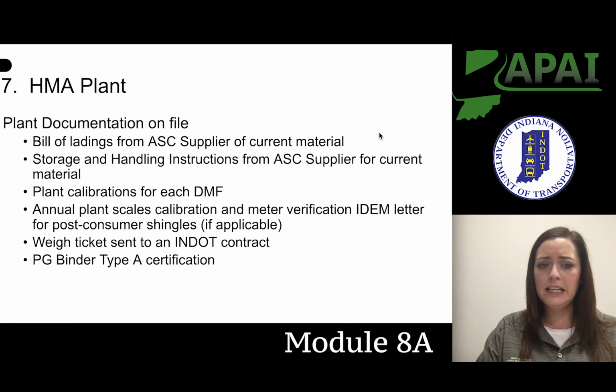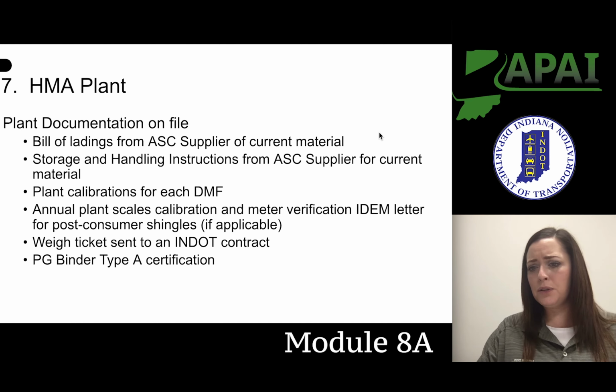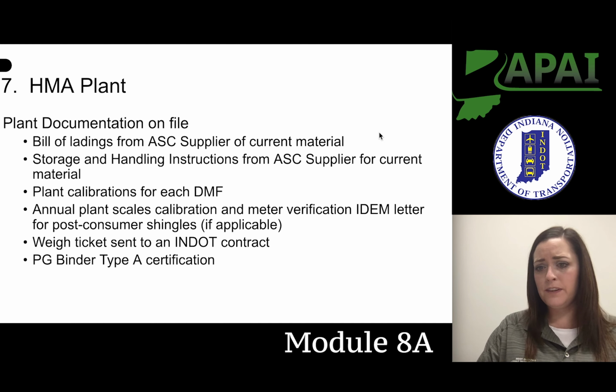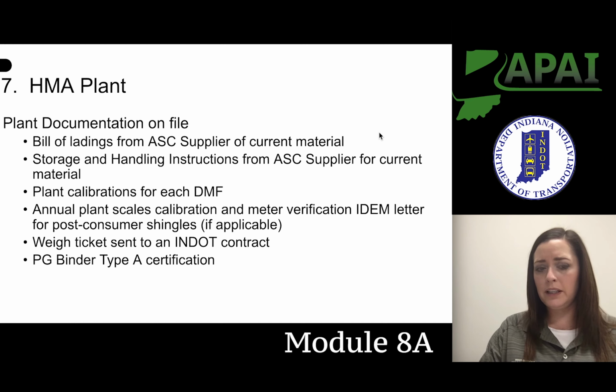Also, a weigh ticket that was sent to an NDOT contract needs to be available. This can get a little tricky in terms of if there's e-ticketing available at that plant. That may be a file that the plant has, so you can look at the e-ticket that might have been sent to the job, or if it is hard copy prints and the jobs aren't running at that time, so they don't have a hard copy.